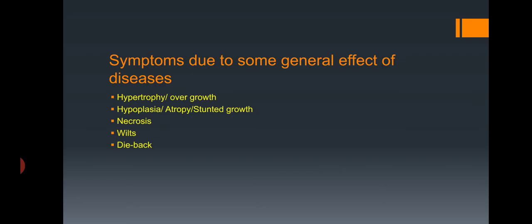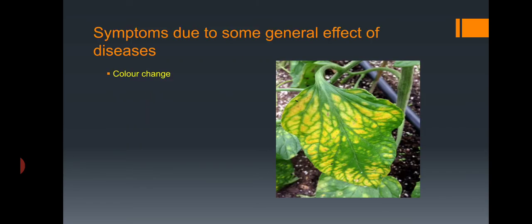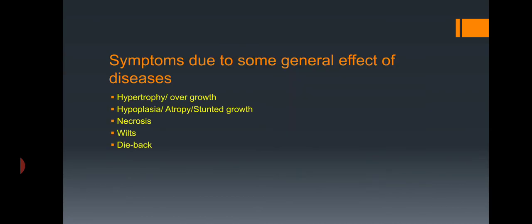Necrosis means dried areas, that is this color change may lead to a dried condition of leaves, then it is called necrosis. Shriveled or dried, crumbled leaves, that is necrosis. Then wilts, that is damping off. We can expect this wilt condition in seedlings, damping off.